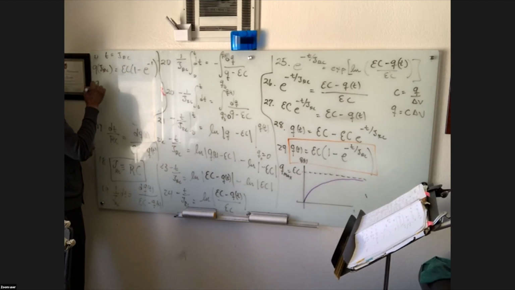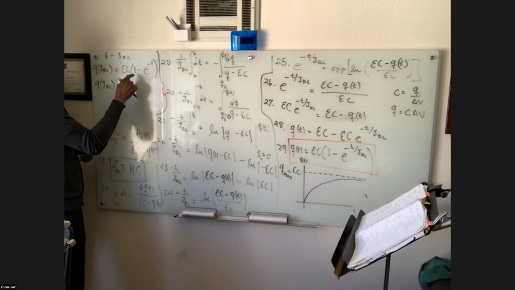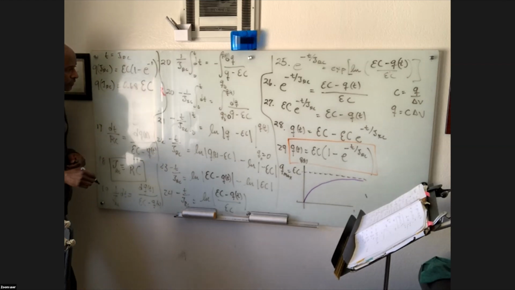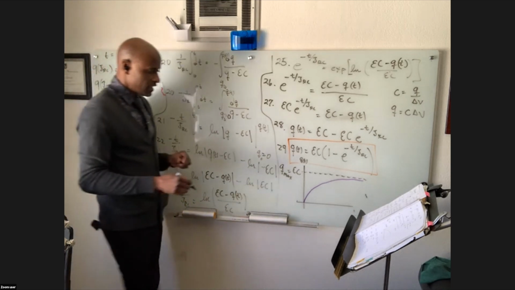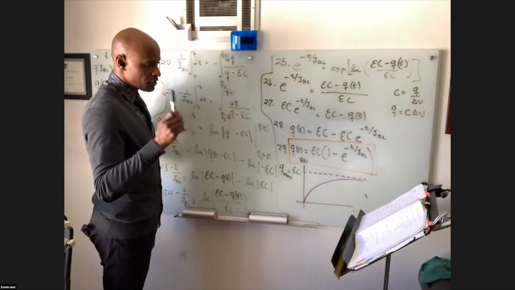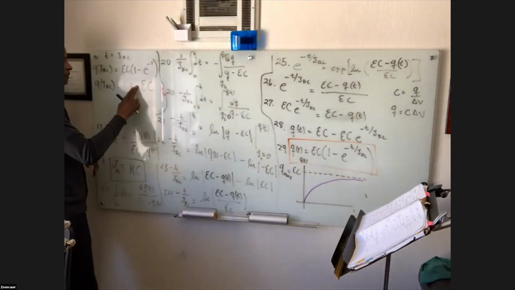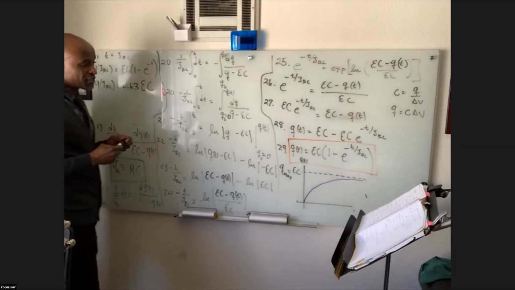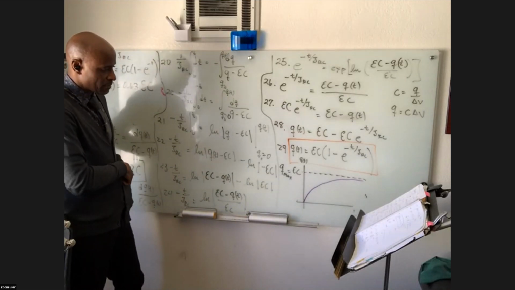And that ends up being 0.63 of the maximum charge, times EC. So what we say is essentially that at one time constant, the capacitor has charged to 63% of the maximum value.